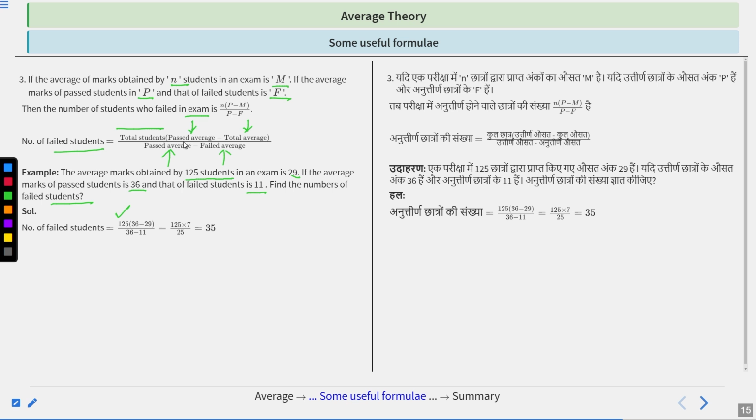Now the passed average of the students is 36, it is given. So 36 minus 29 upon the average of passed students, which is 36, minus the average of failed students, which is 11. When we calculate it, we get the total number of students who failed is 35.